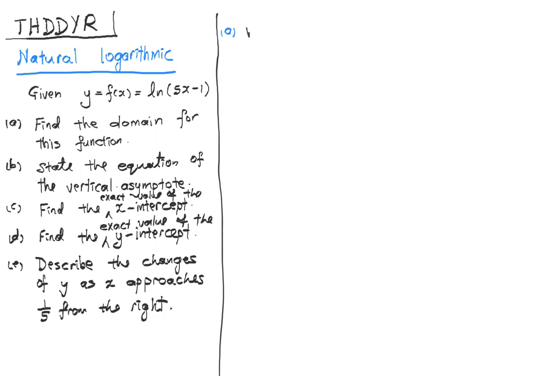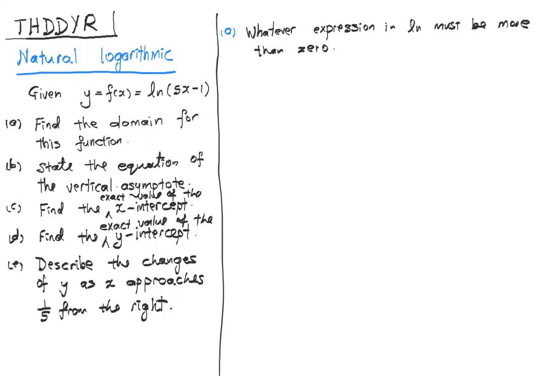Whatever expression is in the ln must be more than 0. So this will help us to find the domain for the ln function. Do you get me? So that is the true fact about ln that you have to remember.